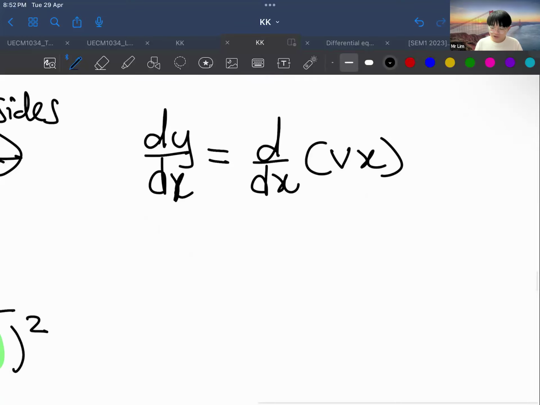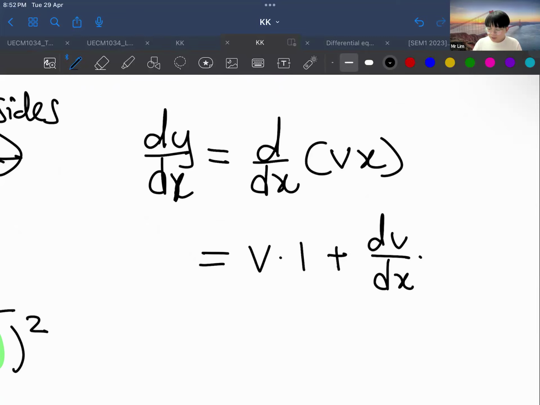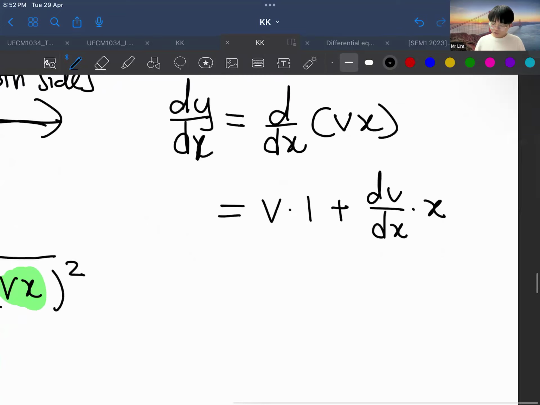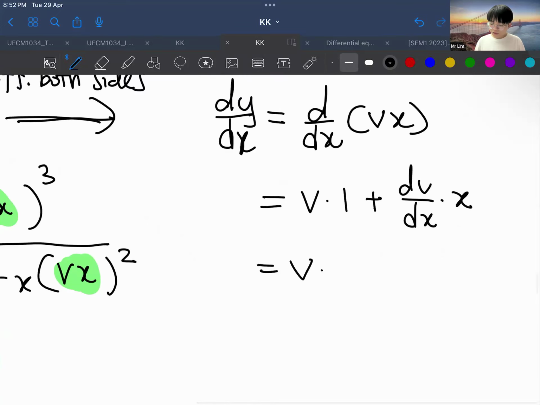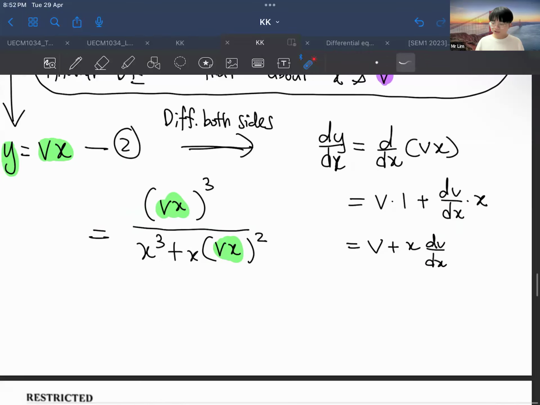I wish you can figure out the detail. The first one remains, the second one is differentiated: x differentiates to become 1, because d dx. Then we differentiate v to become dv dx, multiplied by x remaining the same. Rearrange, and you're going to get v plus x dv dx. We normally write the smaller in front, the larger behind.